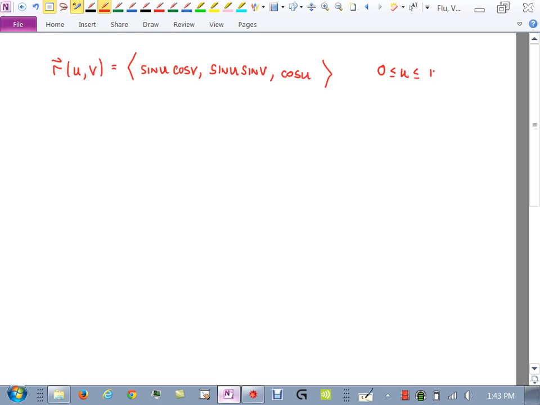It's the one that's between 0 and pi, and the v is the one that goes all the way around, 2 pi. Remember theta went all the way around, and phi was measured from the top down, right? So to draw things, my v is what spins me, and then my u is the one that brings me down.